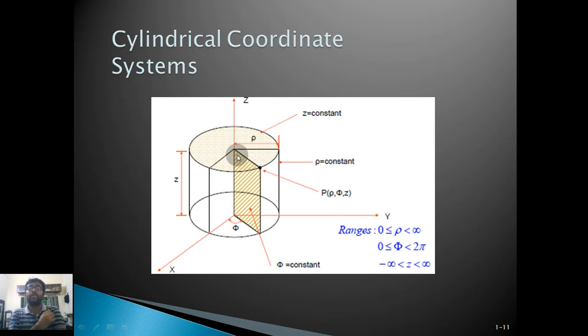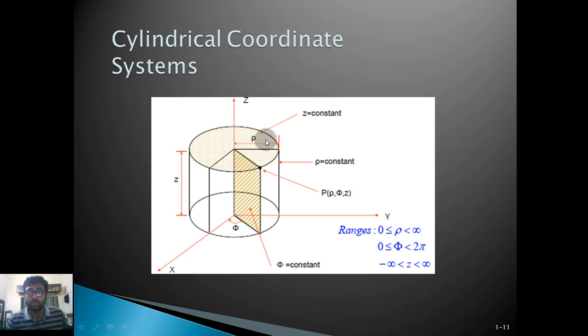Just like in the Cartesian coordinate system x, y and z, suppose y is equal to 5. At P, the value of y is equal to 5, and there will be a vertical plane which is parallel to the z-axis and perpendicular to the y-axis. The same thing is considered here: if the value of phi is constant, there will be a vertical plane.